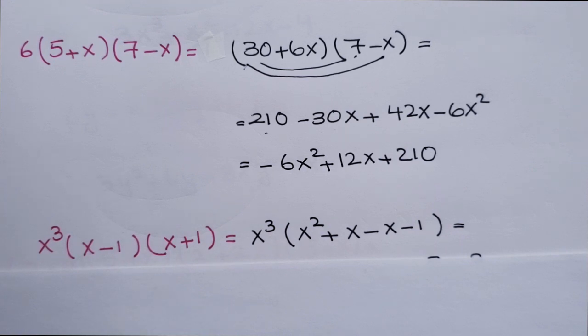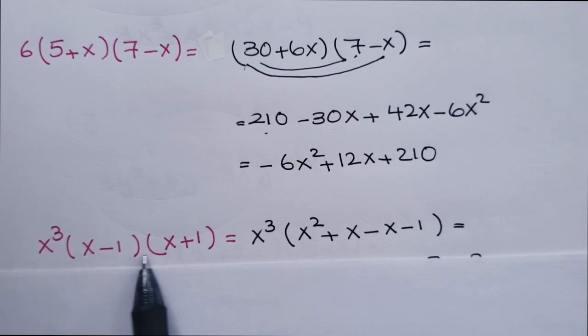But before you start multiplying brackets together, especially when you have more than 2, or even 3 or 4 brackets, try to see if there is any way you could group them together or use any method to simplify or reduce it.